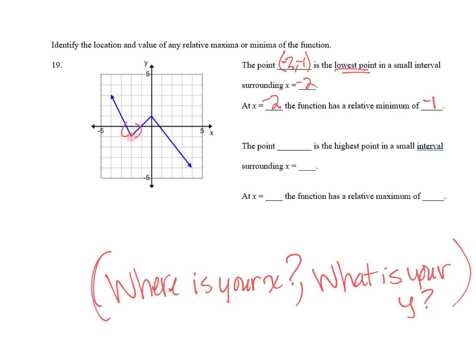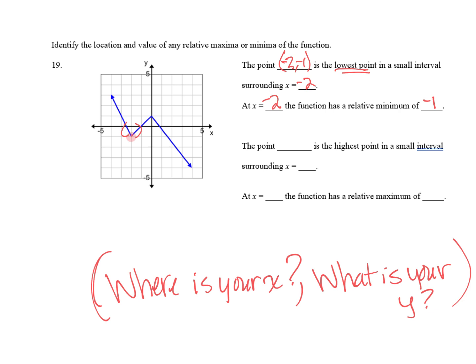Anytime we're asked what a function value is, that is the y. What is the minimum? What is the maximum value? Those are y coordinates. Where is the minimum? Where is the maximum? Where is the x?